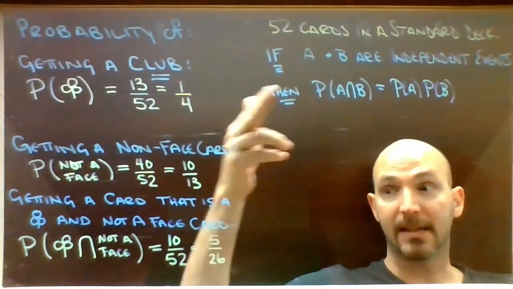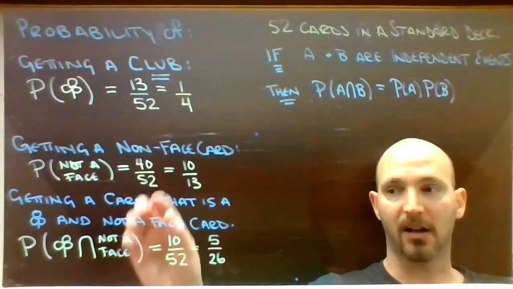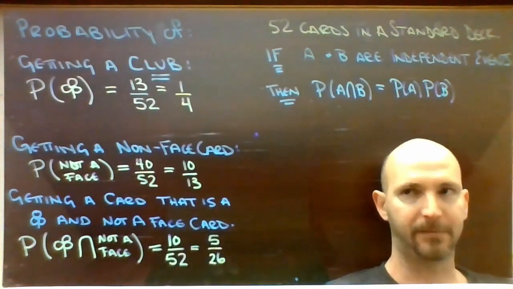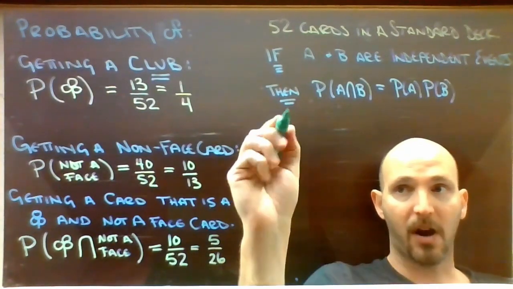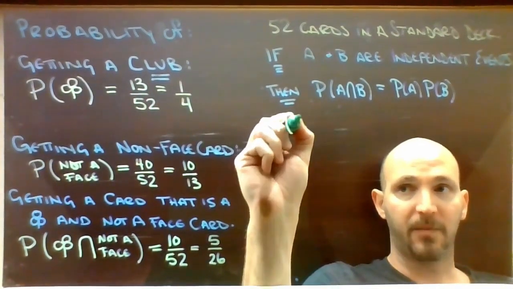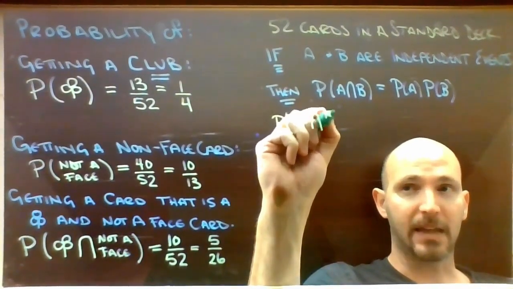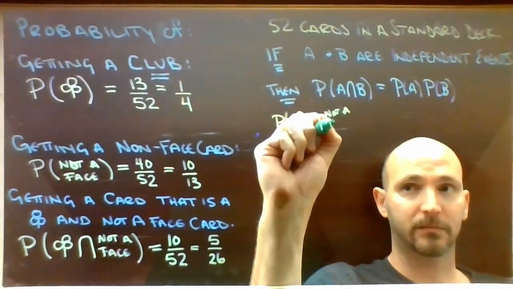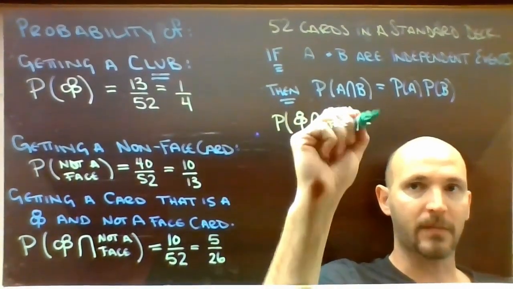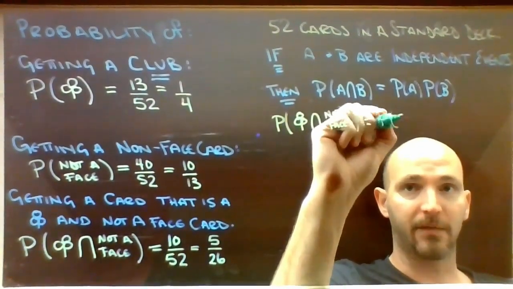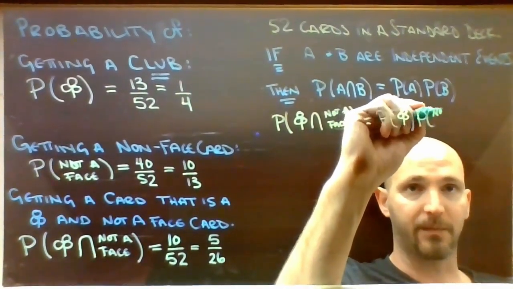So we're going to try this out with this idea of being a club and not a face card, because we already have an answer for that. So if I were to try and use this formula then, the probability of being a club and not a face card should be the probability of getting a club and the probability of it not being a face card.